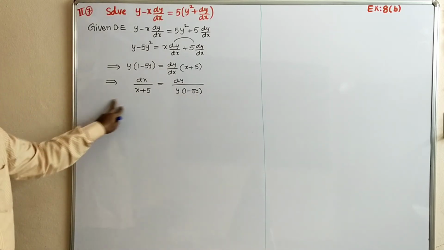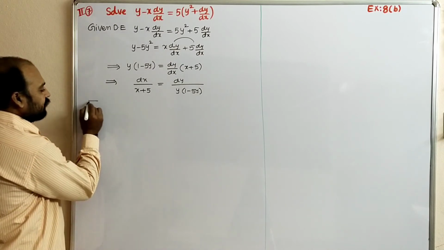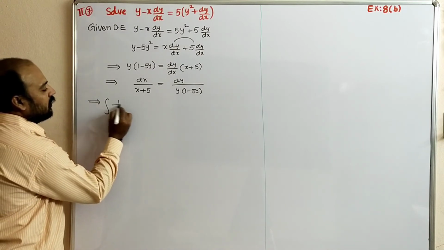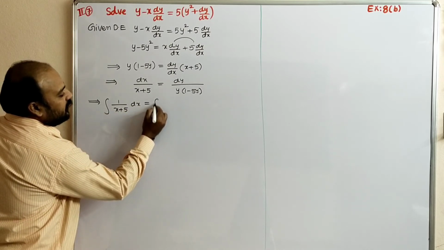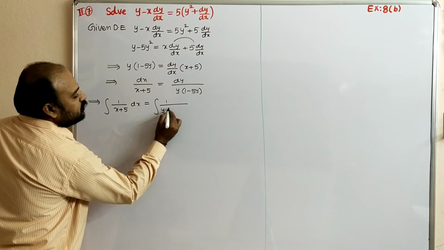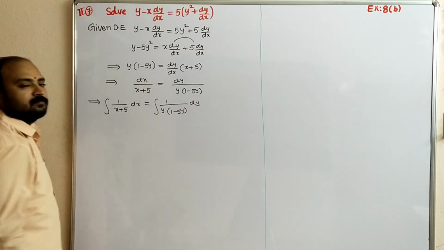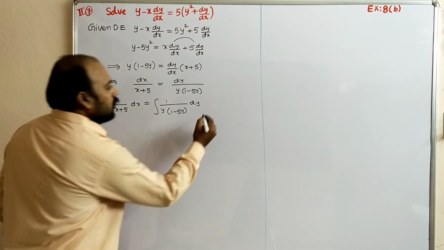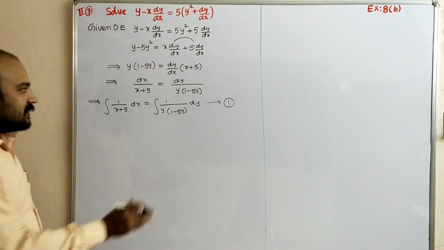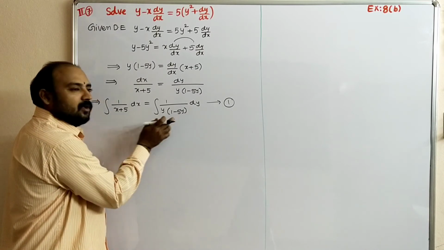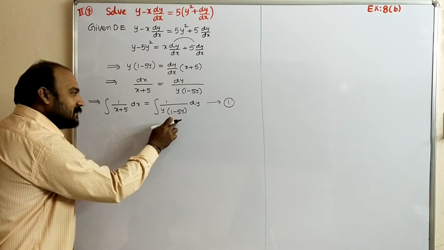After separating the variables x and y, taking integration on both sides: integral 1 by x plus 5 into dx equals integral 1 by y into 1 minus 5y into dy. You put this as equation number 1. Why are we taking equation 1? In the second integral, by using partial fractions, you have to get this value.